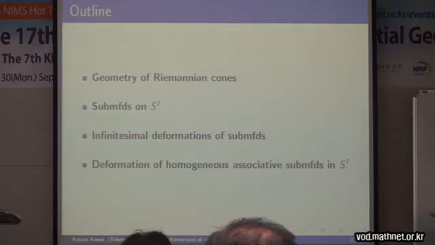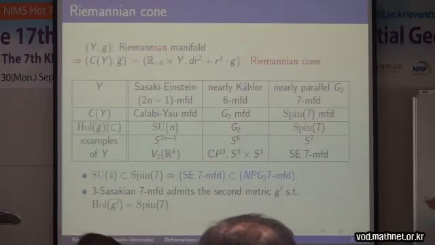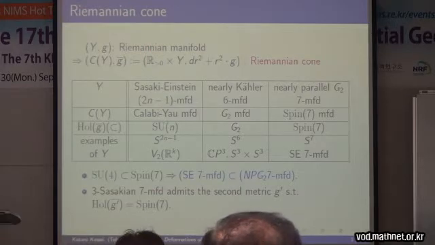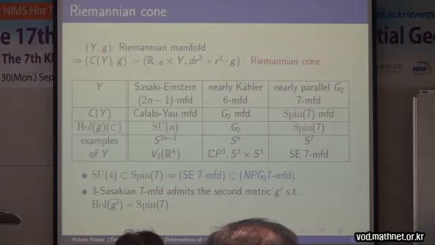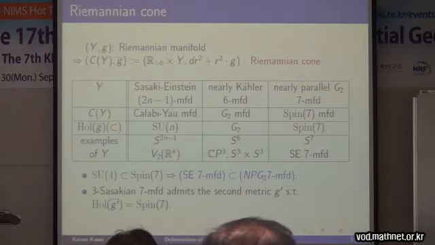So first we study the Riemannian cone. What is a Riemannian cone? Let (Y, g) be a Riemannian manifold, and then consider CY and g-bar, which is R positive times Y with dr squared plus r squared g. This is called the Riemannian cone.